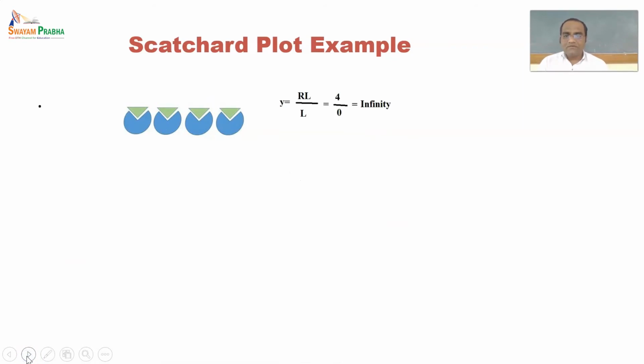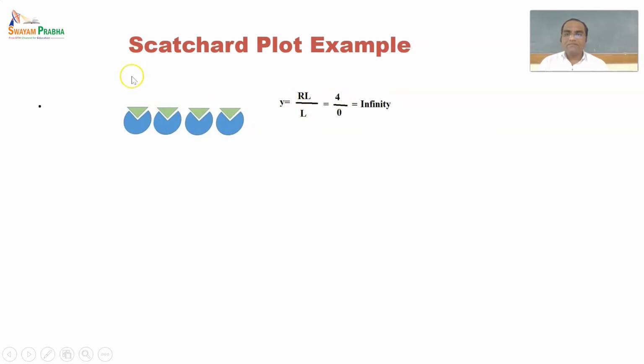From the equation, Y is RL divided by L. The value for RL, the complex that has formed, is 4, because 4 ligands have formed complexes with receptors.